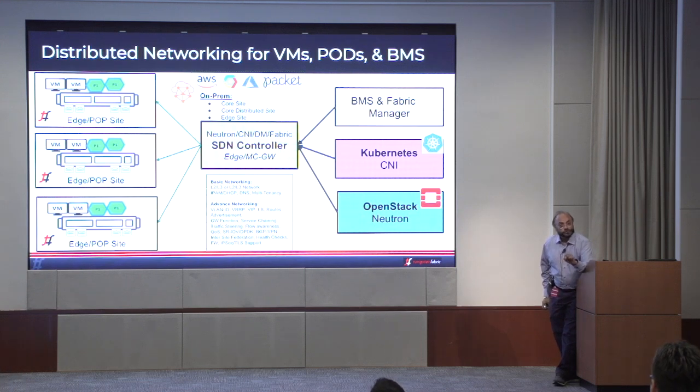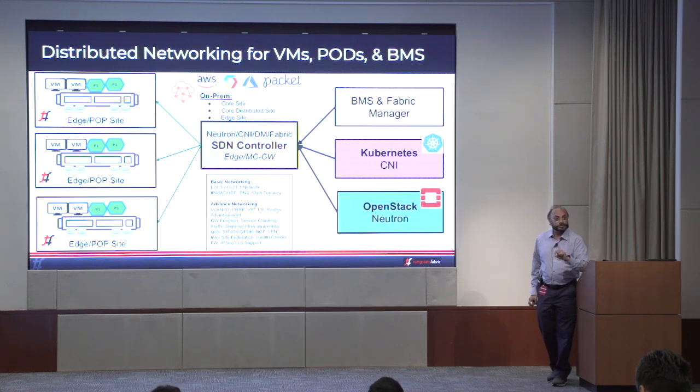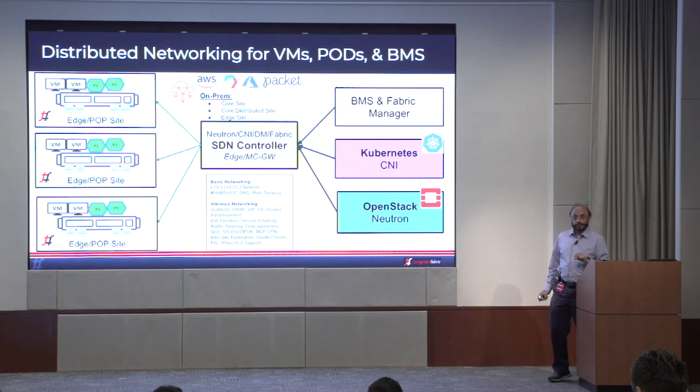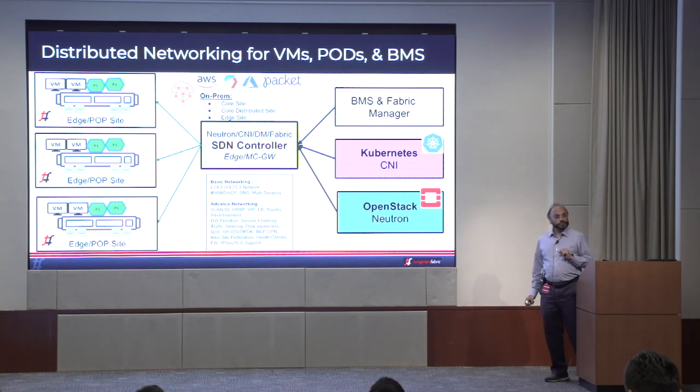It also does full-blown fabric management. In other words, if you have top-of-rack switches, leaf devices, spine devices, it will automatically configure those for you. Most deployments assume that the fabric is already laid out, and they will manage the virtualization on top of it.